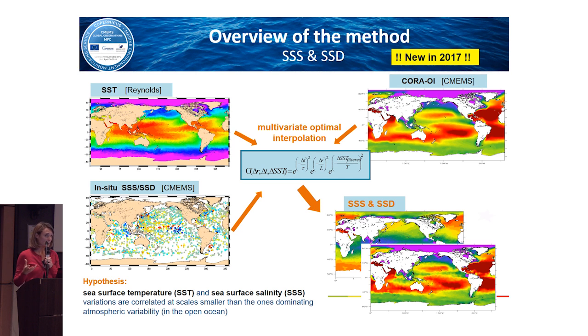And the main hypothesis behind is that sea surface temperature and sea surface salinity and density are correlated at scales smaller than the ones dominated by atmospheric variability. And you can see here the resulting sea surface salinity field for a specific date. Starting from the OI, introducing some mesoscale features and some fronts coming from the satellite sea surface temperature, and also having some information from the in situ.